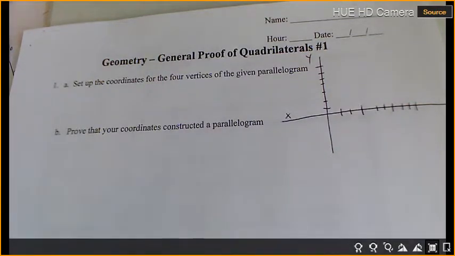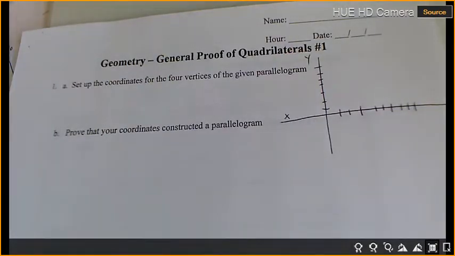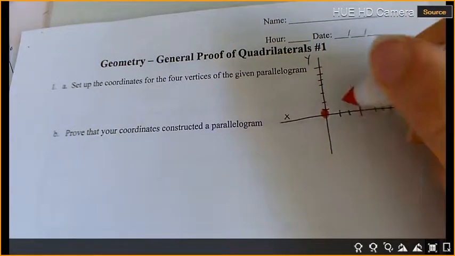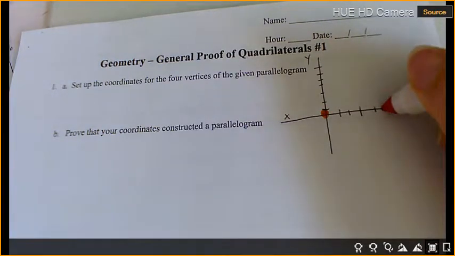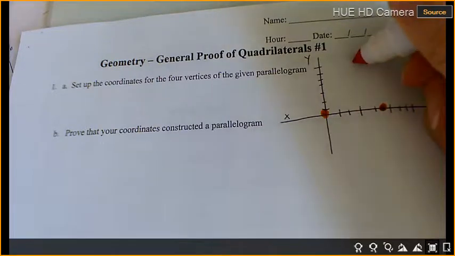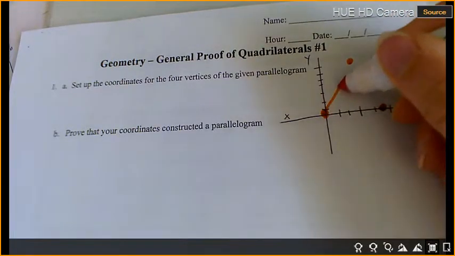I know there's little tick marks there, but we don't know if they're counting by ones, by twos, by 1/2, by 0.5, by 0.6. We don't know. So I'm going to draw in here a parallelogram. So it looks like this.